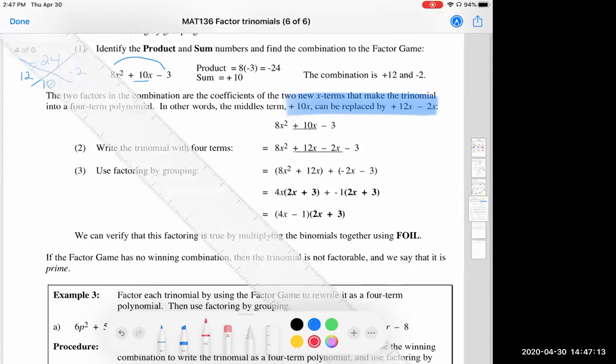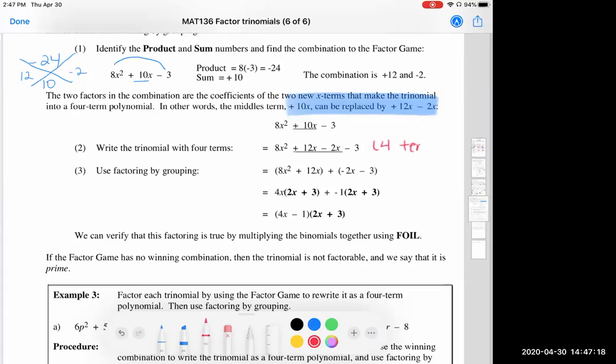Once we create a four-term trinomial, I group the first two and the last two terms. Now you want to factor the greatest common factor out of each pair. Because your first pair has x squared and x, you're always going to factor out an x, but also, what's the biggest number that divides 8 and 12? That'd be 4, so we factor out a 4x.